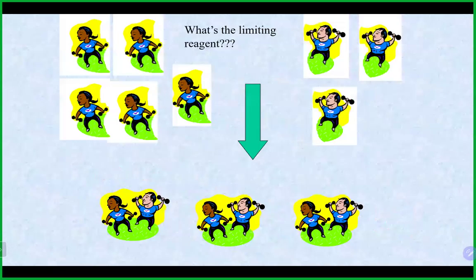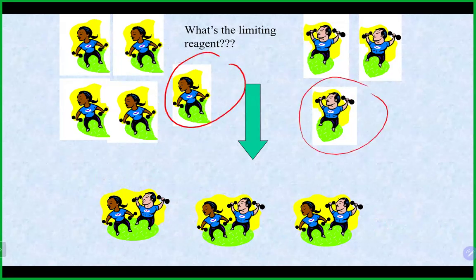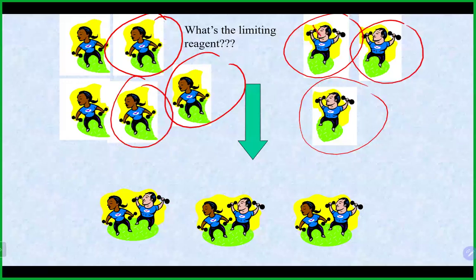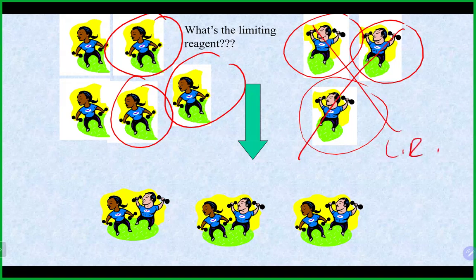So here, if we're going to make exercise buddies, in this case obviously we need one of each. So these guys could pair, these guys could pair, these ones here could pair. And as you can see at that point, we are out over here on the right. So on the right-hand side, these guys here are going to be our limiting reagent. On the left-hand side, this is going to be our excess reagent.